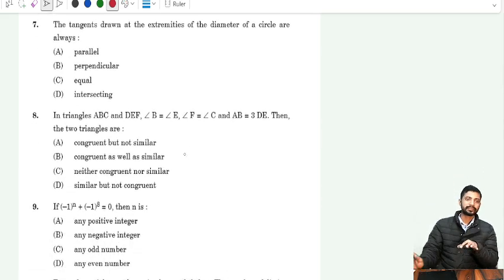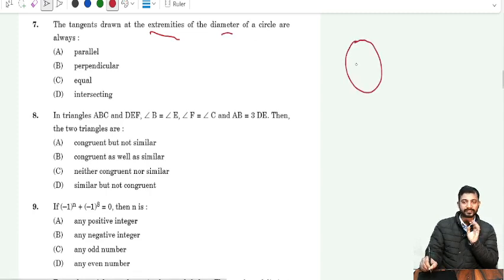Next question is: tangents drawn at the extremities of a diameter of a circle. Let's draw a circle. This is a circle and this is a diameter. If you draw tangents at the extremes, means this point and this point, the tangent makes 90 degrees, another tangent also makes 90 degrees.